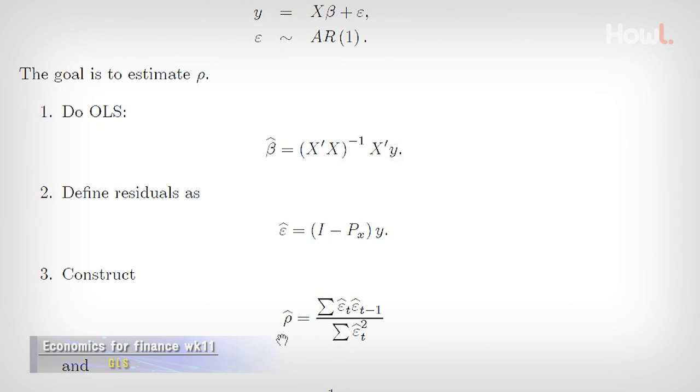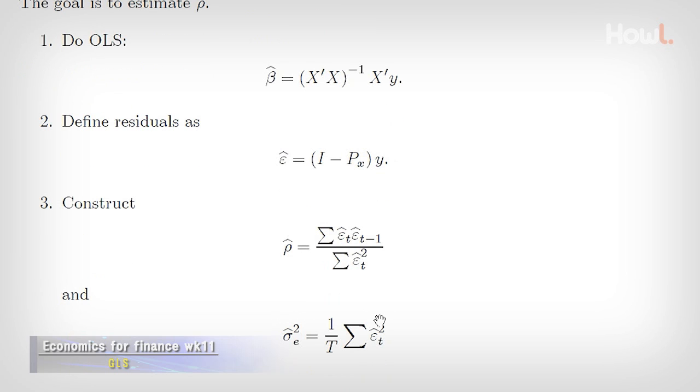So if we collect the errors, then we simply calculate this one. Basically, it's the correlation between two periods, the covariance between the periods. So rho can be this correlation, the ratio between the sum of epsilon hat times lagged epsilon hat, and the sum of epsilon hat squared.